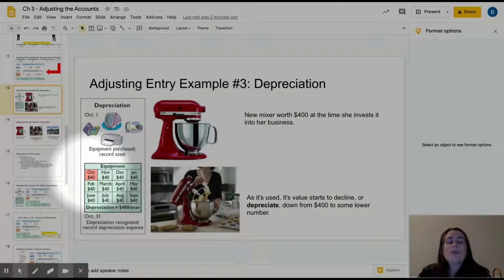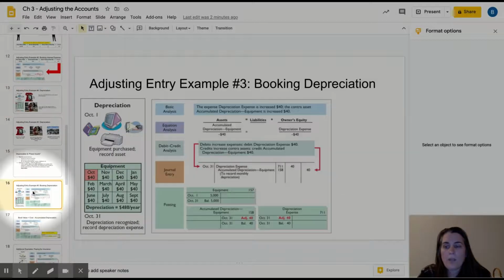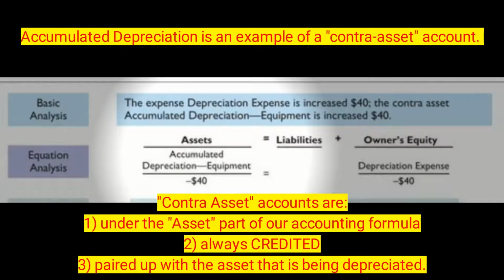I will note there are multiple ways to compute depreciation expense. It is a topic that we'll get more in depth in a later chapter. But for now, just know that depreciation is a type of expense and that we will have to record it, and it is an adjusting entry. So let's jump in and look at how we would record this. And I will give you an upfront alert that we are going to be introduced to a new type of account called accumulated depreciation.